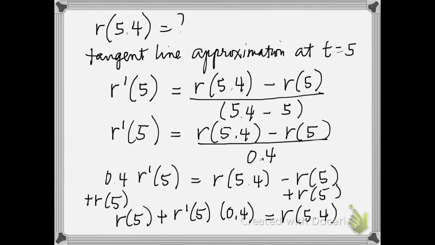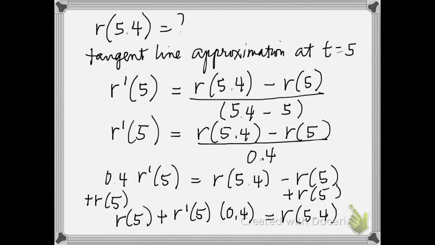So hopefully you understand it better since I started with the slope formula at the beginning, the r prime 5 here. So if you look at the scoring guidelines, it's now r of 5.4 equals r of 5 plus r prime of 5 delta t. Now your delta t is just the change of time from 5 to 5.4, which is actually 0.4. Okay?